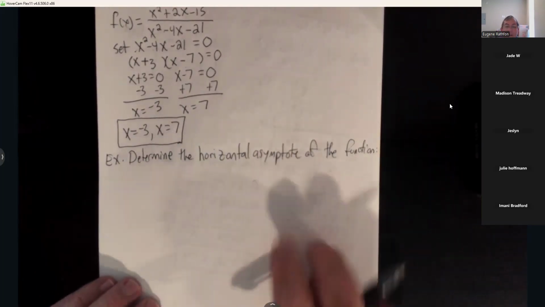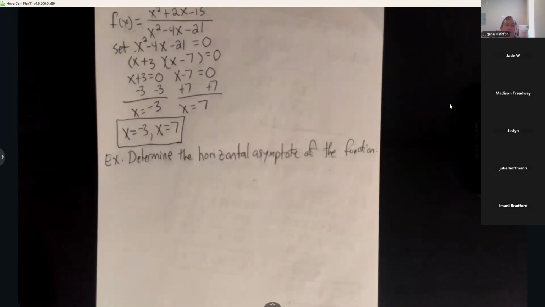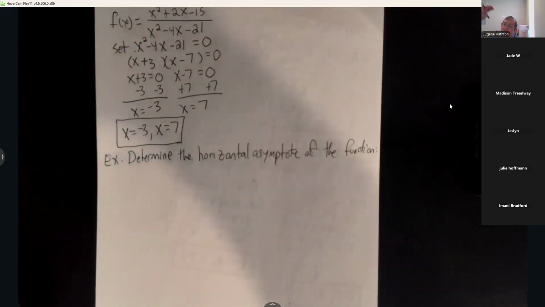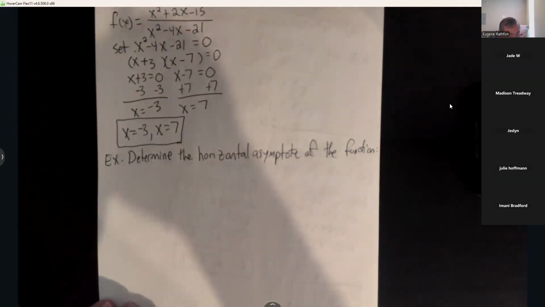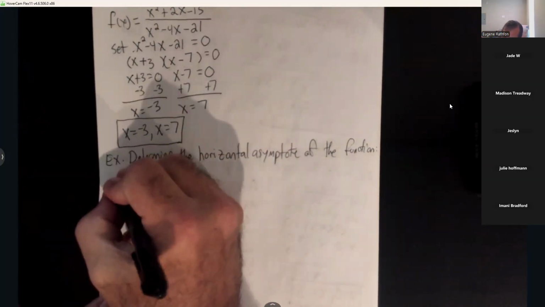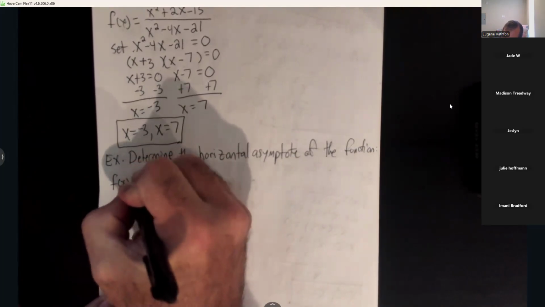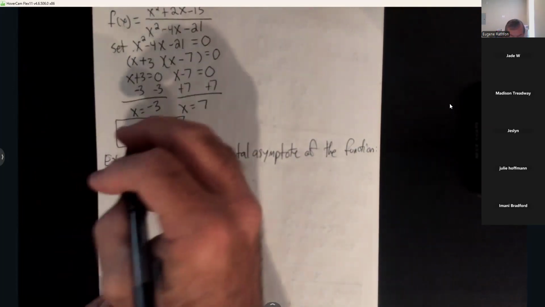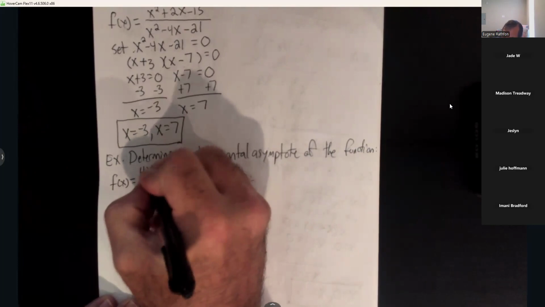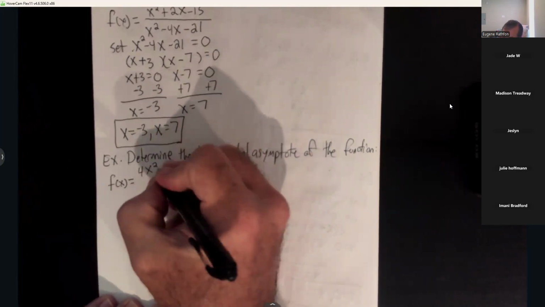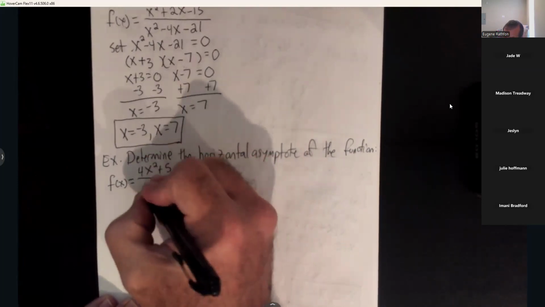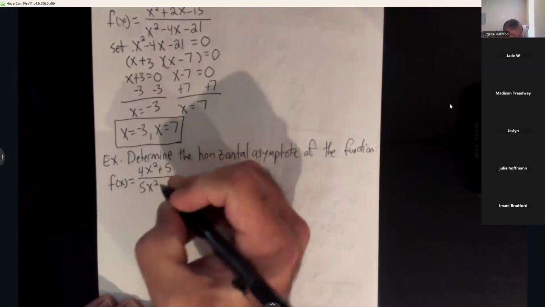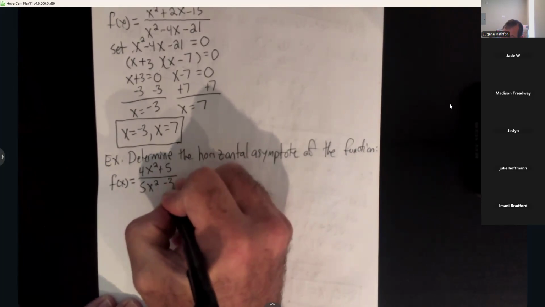So since it's horizontal asymptotes, I'm now looking at the degree of the top and the degree of the bottom. So my first one has f of x equals 4x squared plus 5 over 5x squared minus 3.